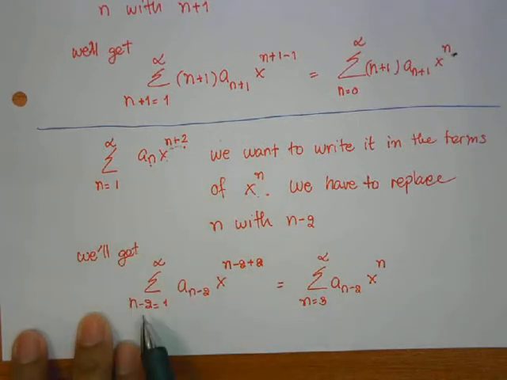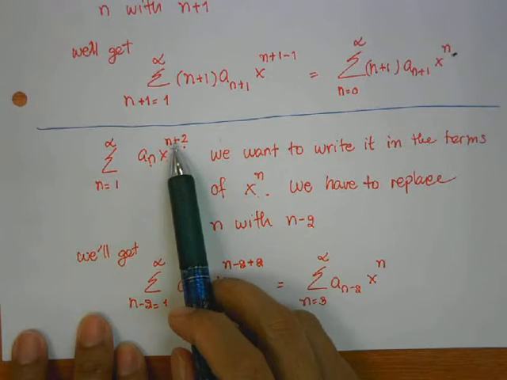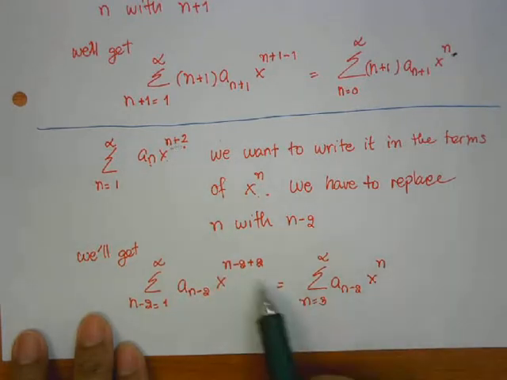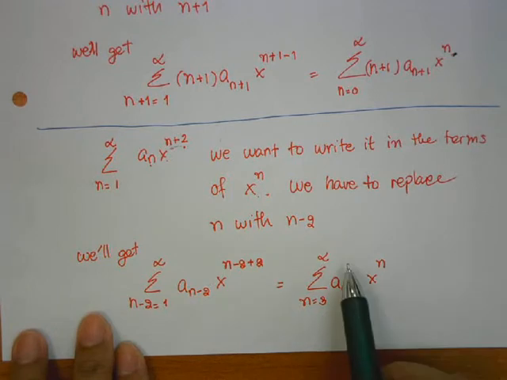So then we would get n minus 2 equal to 1. Then our a_n would be a_(n-2), and x to the power n minus 2 plus 2. So we would get the summation of n starting from 3 to infinity of a_(n-2) x to the power n. This is called the shift of index of summation.